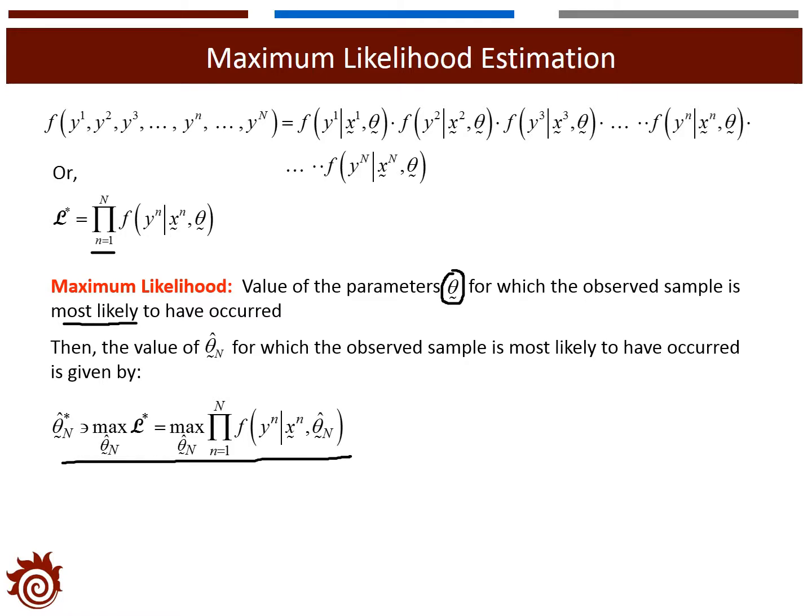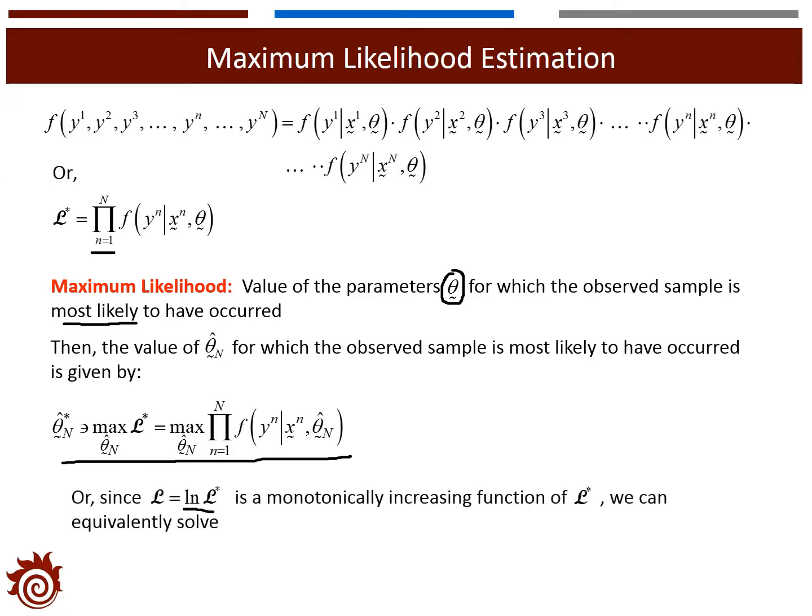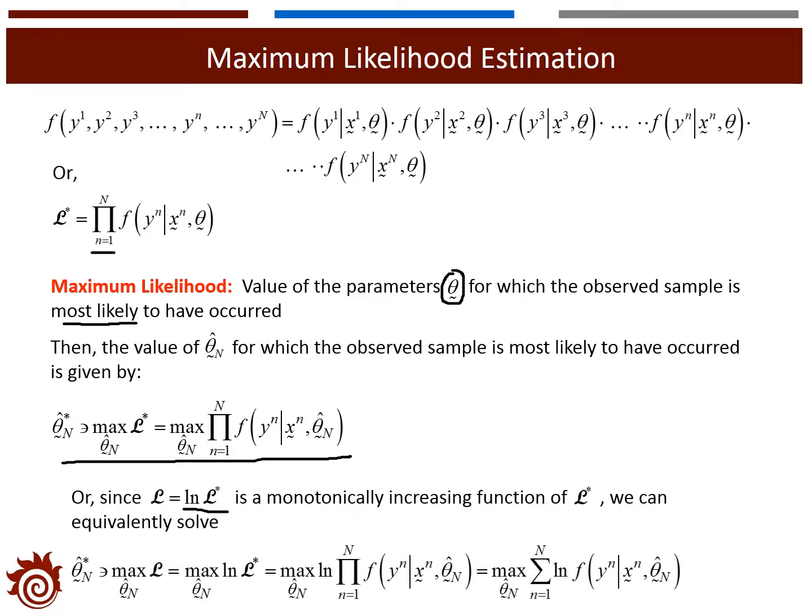We know that the product operation is really hard for us to solve the optimization problem, so we can introduce the log transformation for the likelihood function. With that, we will have the maximum log likelihood function as shown in this equation, and the product operation will be modified to the summation operation.